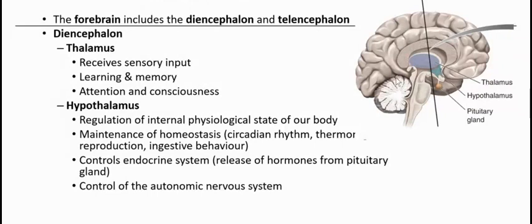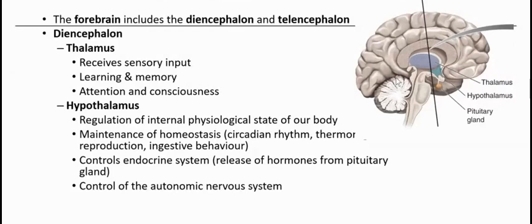And the hypothalamus is involved in regulating the internal physiological state of our body. We need it to regulate our sleep. Without it, there's no way we're going to have stable sleep cycles. It also controls our reproductive glands, our endocrine system, and our autonomic nervous system.